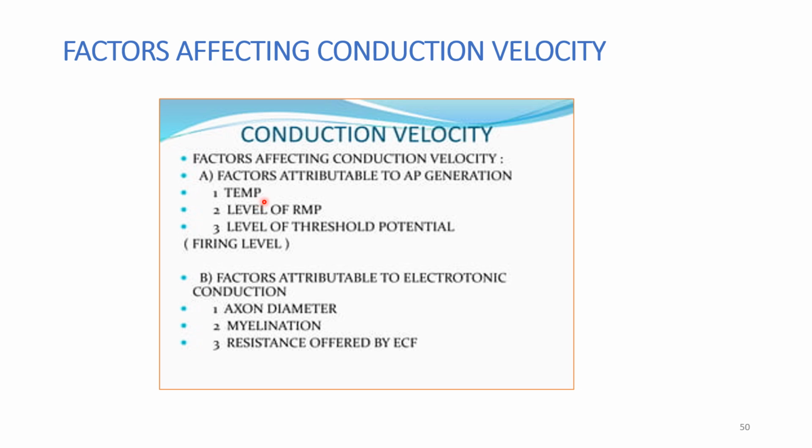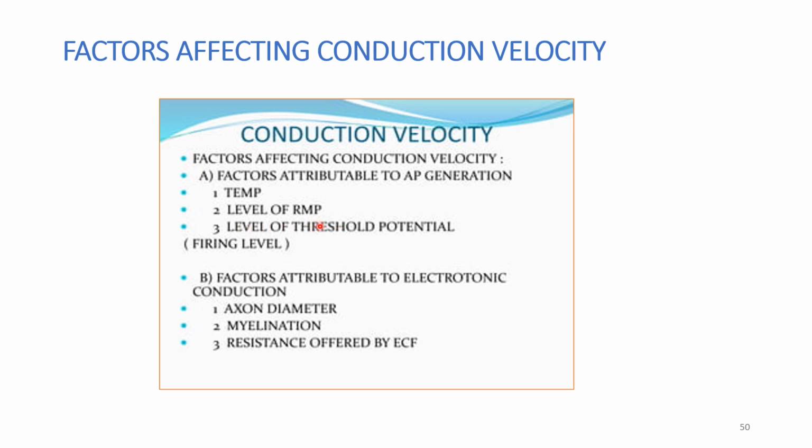First, coming to temperature. If the temperature is decreasing, then the duration of the action potential is increasing. So, this delays the conduction. That is an inverse relationship. Then, level of RMP.